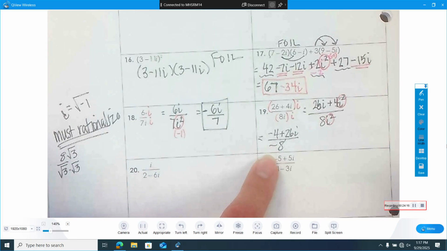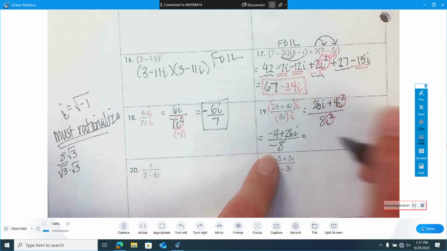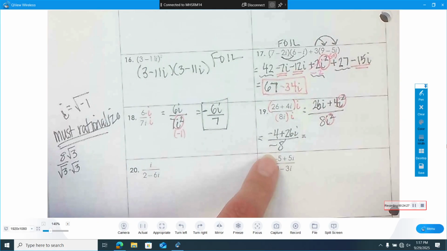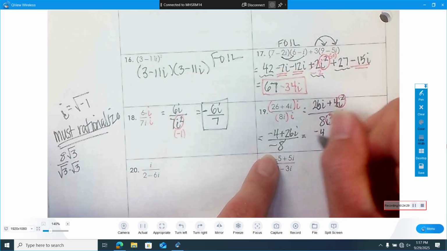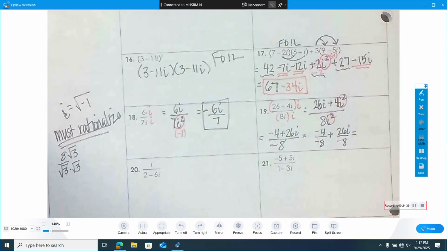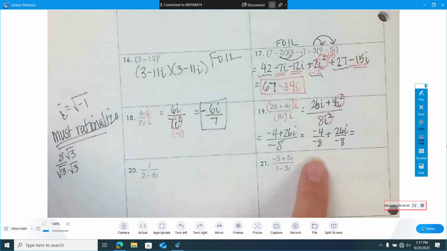That's not an awesome answer. It looks weird, right? So what I'm going to do to make sure that you always do this correctly: this negative 8 is dividing both terms. It becomes negative 4 over negative 8 plus 26i over negative 8. By splitting it up, you're always going to reduce it correctly. Okay? What is negative 4 over negative 8? 1/2.